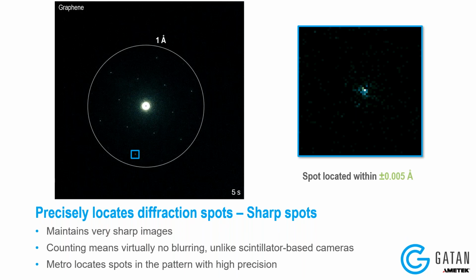If we look at this particular spot in this graphene diffraction pattern, we can see that the highest intensity is really only in one single pixel here. And if you measure this and determine how large is this pixel in reciprocal space, how precisely can we locate this spot? It's within 0.005 angstroms. We can locate these spots very precisely because the patterns are so sharp.